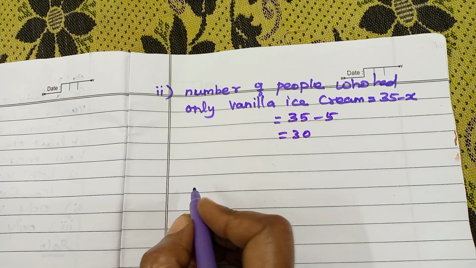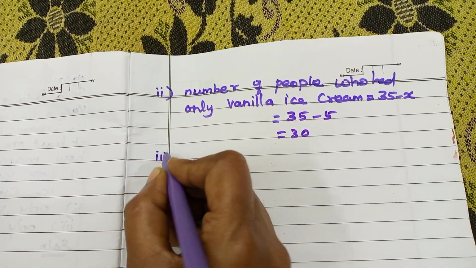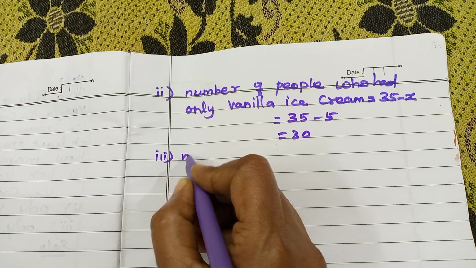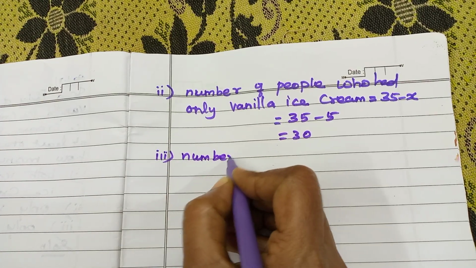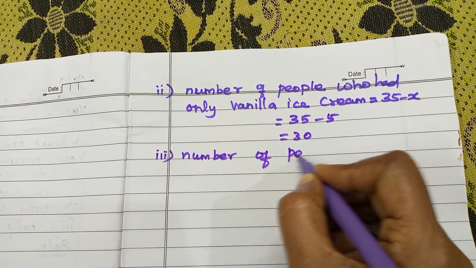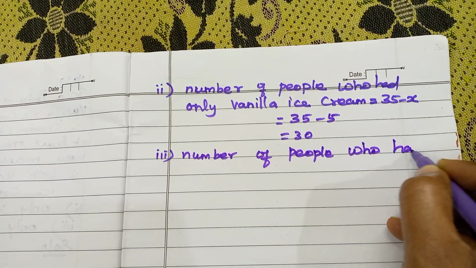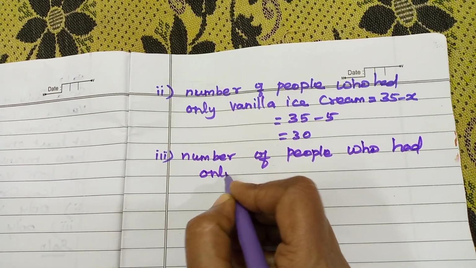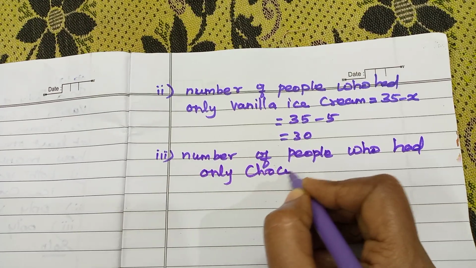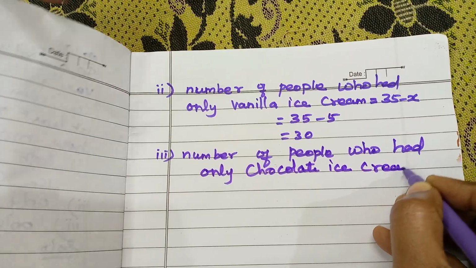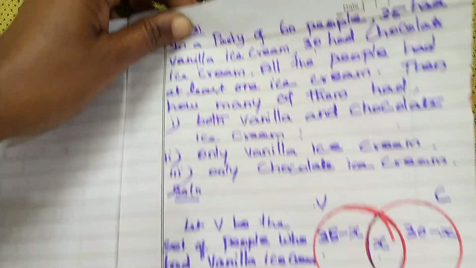Similarly, third subdivision. What is the third subdivision? Number of people who had only chocolate ice cream equal to, from the Venn diagram, what do you find?